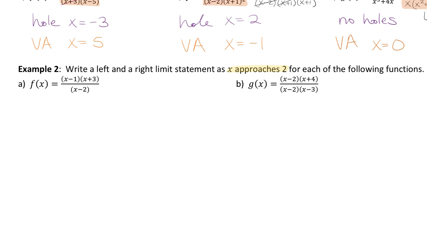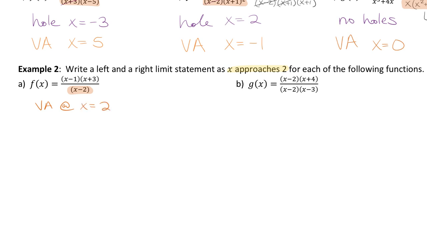So we have to decide whether we're going to end up with a vertical asymptote or a hole at that value 2. My question for you is, does anything cancel out of this denominator? No. So is there going to be a vertical asymptote or hole? Vertical asymptote.